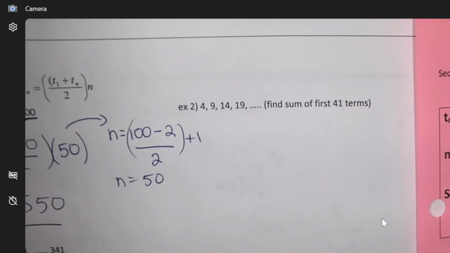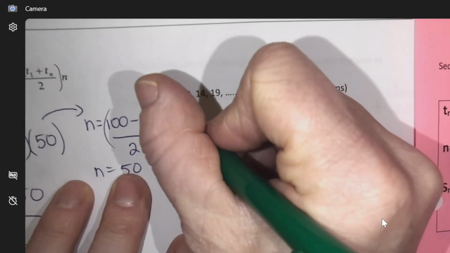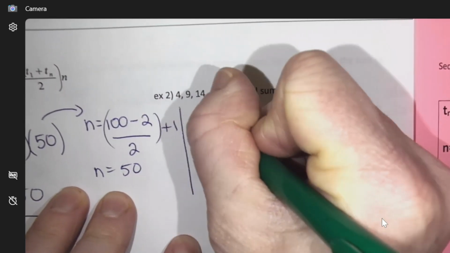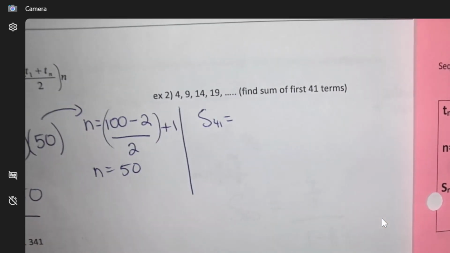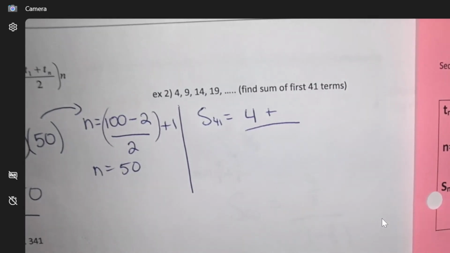Okay, next one. Find the sum of the first 41 terms. So I'm going to use this bottom formula. So the first term, I can put a 4 there, plus the last term in the pattern, which would be in the 41st position. So I don't know that.